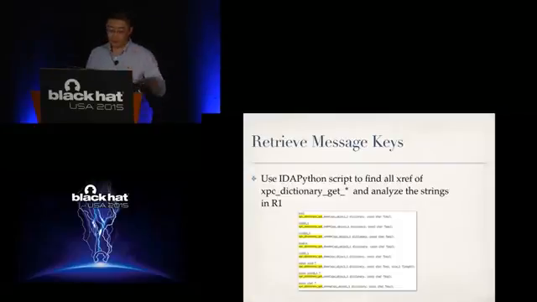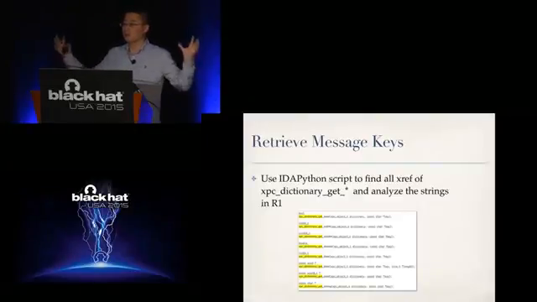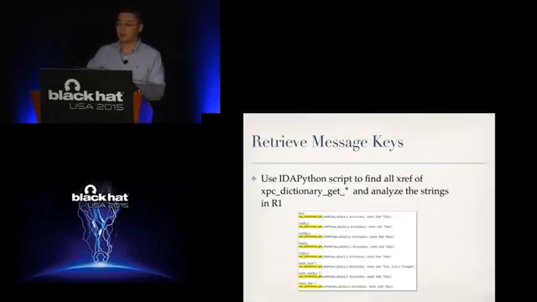So we implemented a very simple IDAPro Python script, which finds all the code references to such APIs, like xpc_dictionary_get, this family of APIs, and we analyze the second parameter, which is the key of the objects. So we are able to retrieve all the keys that the server side would like to accept. We put them in a single, very large dictionary and send it to the server side.